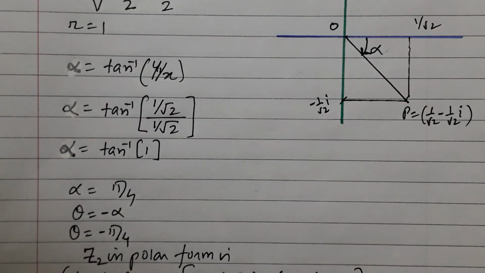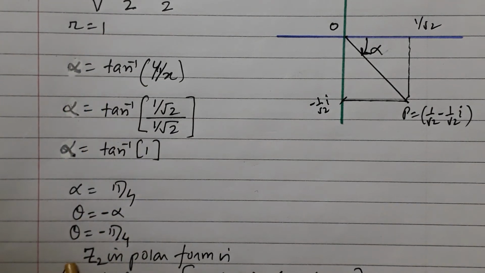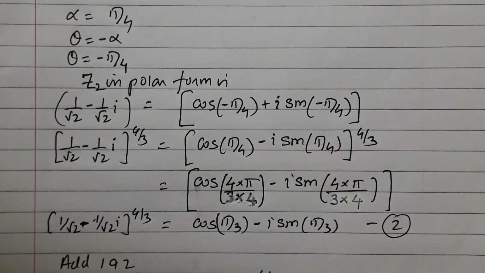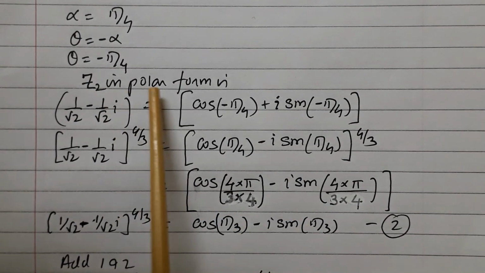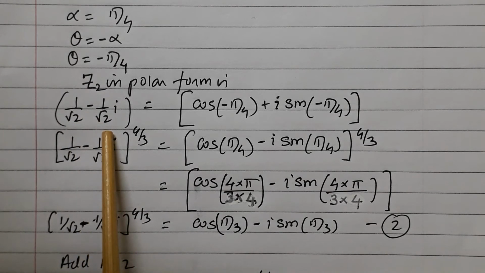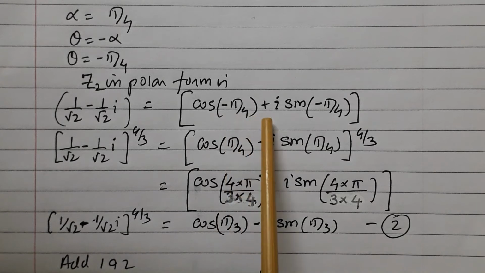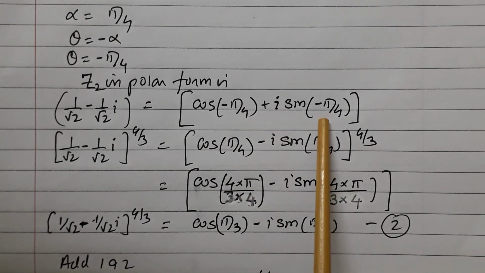Now, we have calculated the magnitude r is equal to 1 and the argument theta is equal to minus pi by 4. So let us represent the number z2 in the polar form. Now z2 in the polar form, 1 by root 2 minus i by root 2, is equal to cos minus pi by 4 plus i sin minus pi by 4.